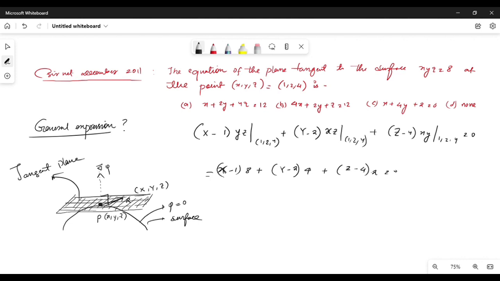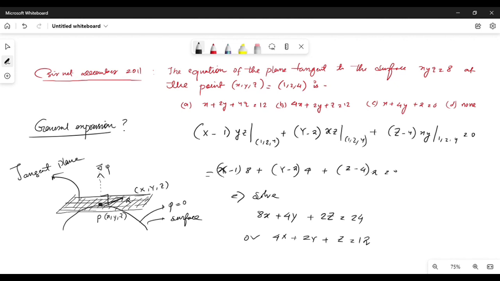Now if we simplify it, you would find it is 8x plus 4y plus 2z is equal to 24. If you simplify further, it would be 4x plus 2y plus z is equal to 12.